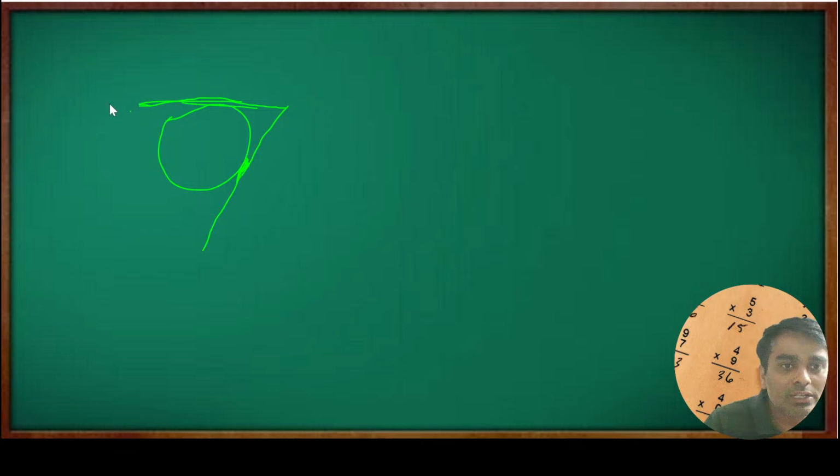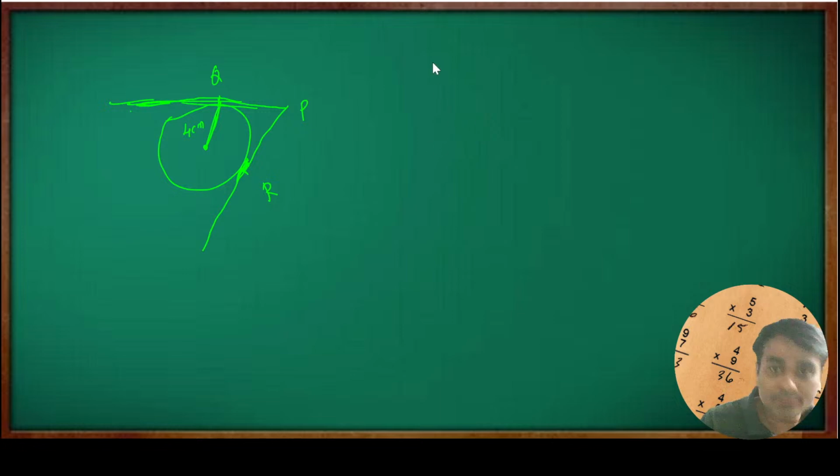So here we have an external point P, and this is point Q. Here we have point R. And the radius is given from here to here, it is 4 centimeter. That's it. This much figure they have given, and they are asking you a question like this.